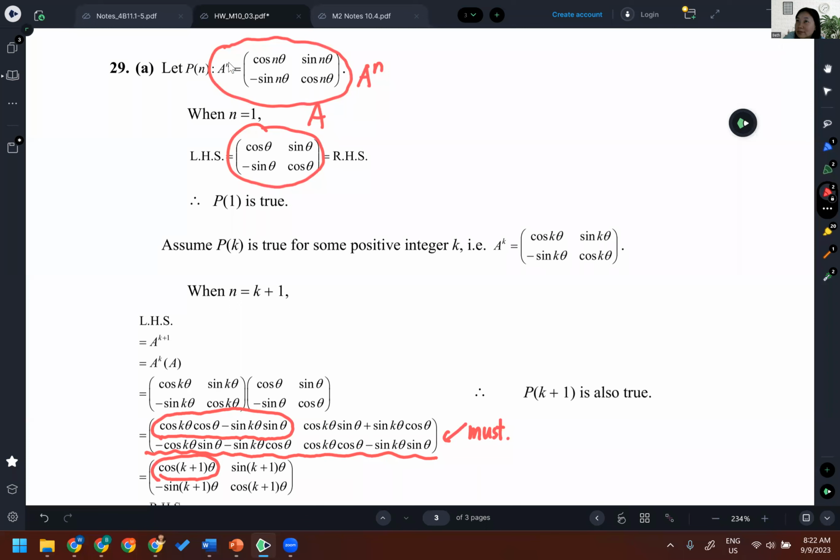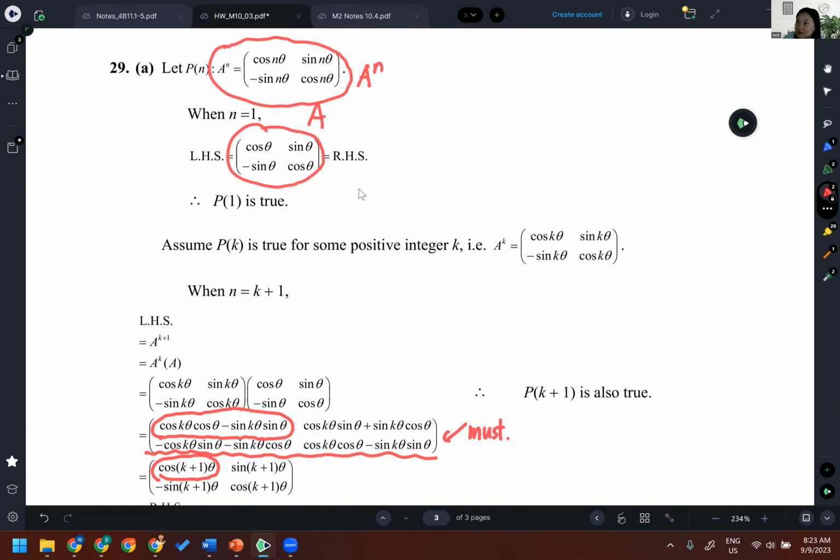Because the power is equivalent to increasing the angle. Well, this is the matrix about one angle. This is just to increase the angle. The multiplication is equivalent to increasing the angle. Very interesting.